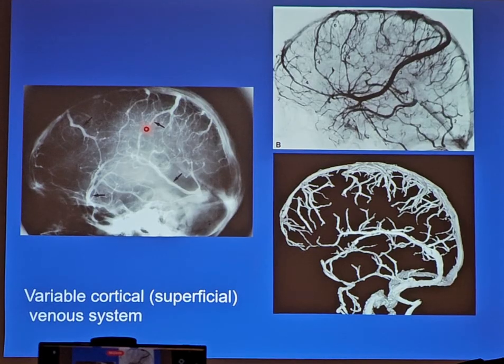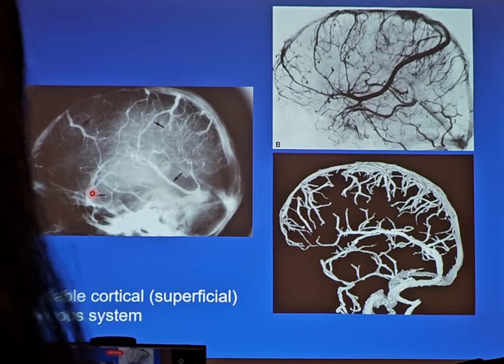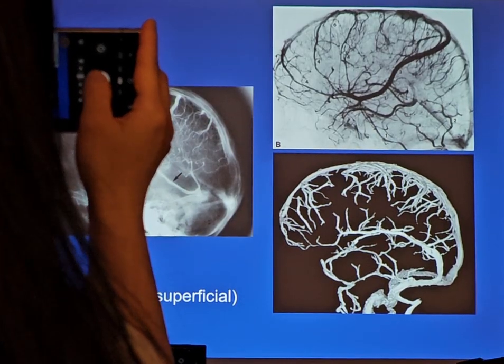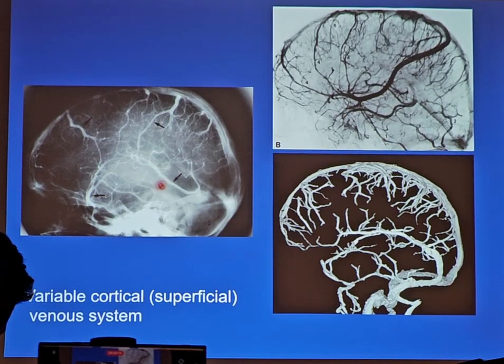Again, you can see in this situation, there are multiple equal-sized cortical veins, Labbé-like, that are communicating with each other, allowing for, if one of them were to be sacrificed or involved with disease or by surgery, ways of getting out of the region without creating venous ischemia.